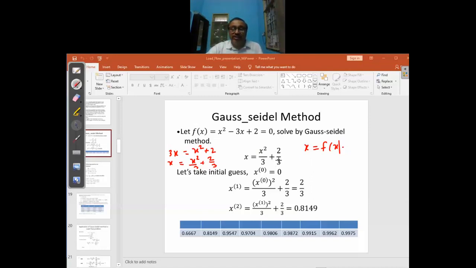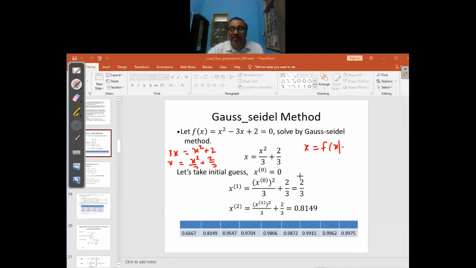So we take the initial guess, let us assume that x is 0, and substitute it on the right hand side. When I substitute x0 on the right hand side, I get the new value of x, x0 square divided by 3 plus 2 by 3, which, since x0 is 0, will be 2 by 3.